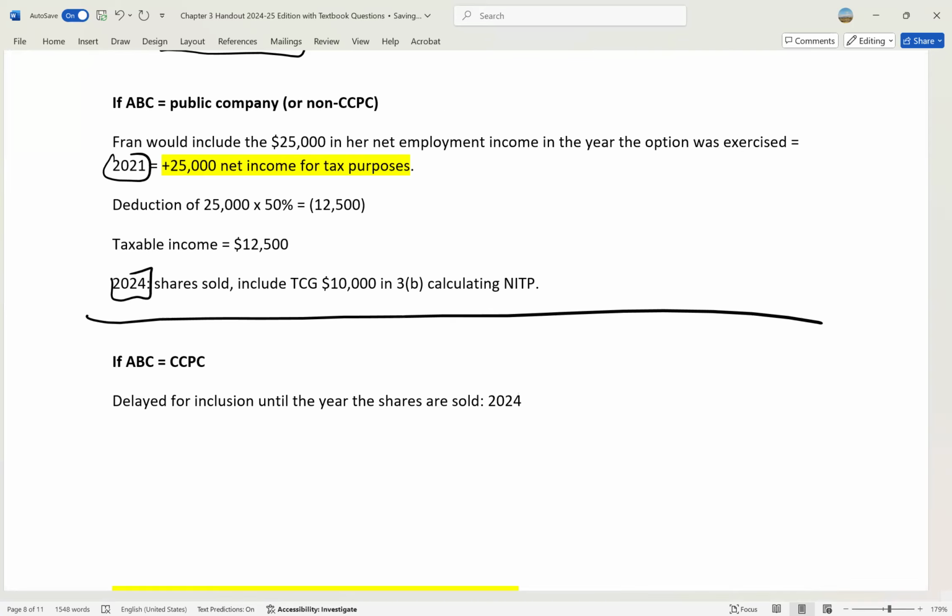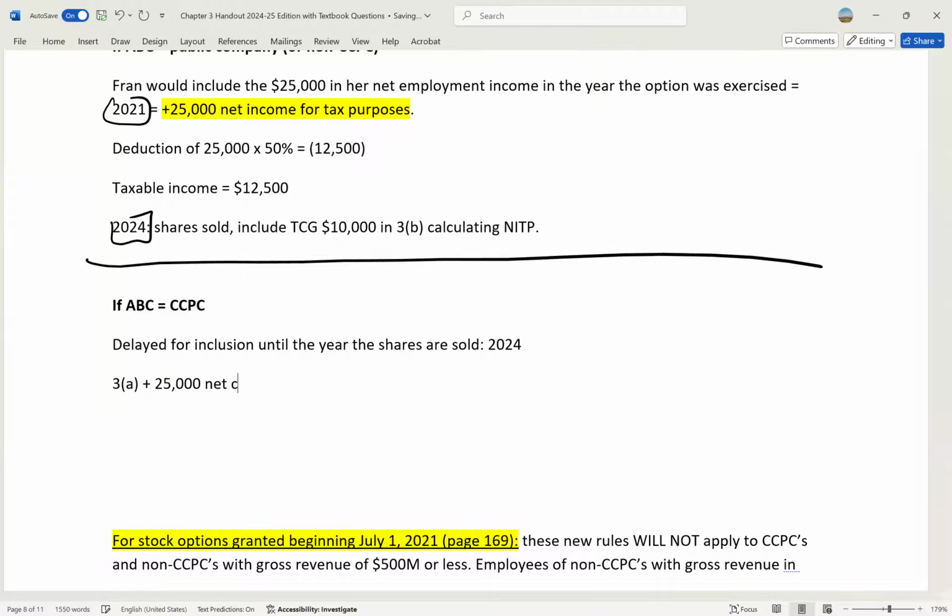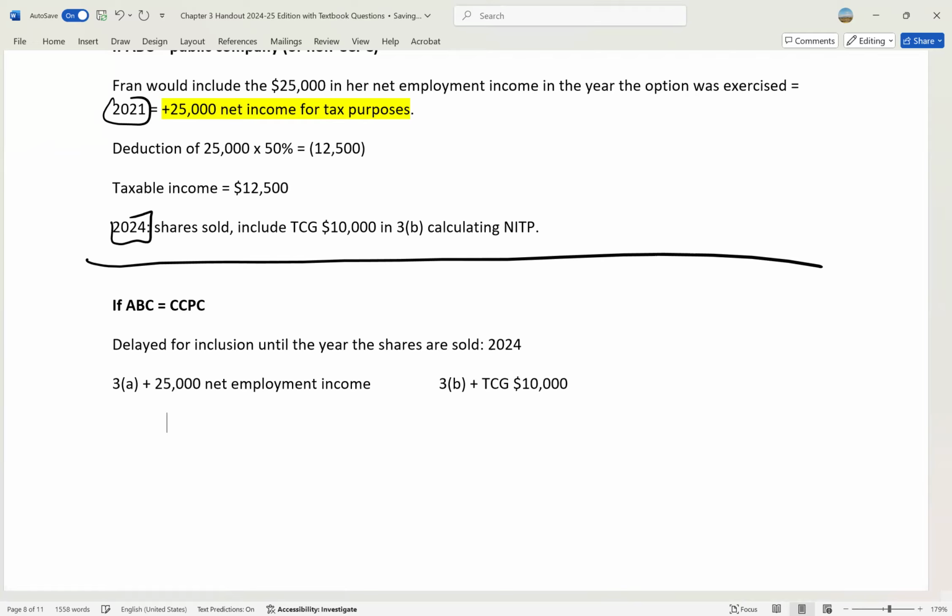So in 2024, if this was a CCPC, then in 3A she would include the 25,000 in her net employment income. In 3B, she would include the taxable capital gain of 10,000. So her net income for tax purposes would increase by 35,000.